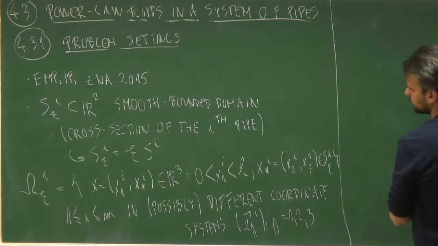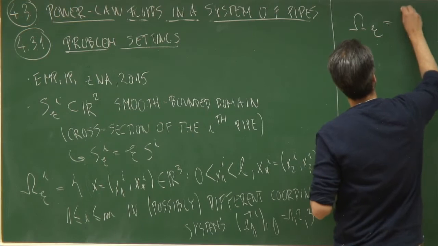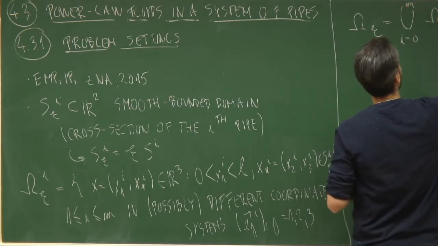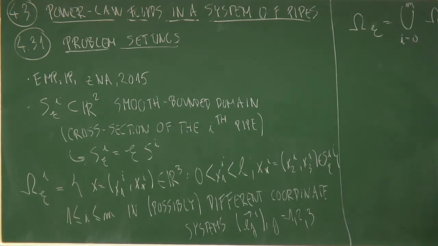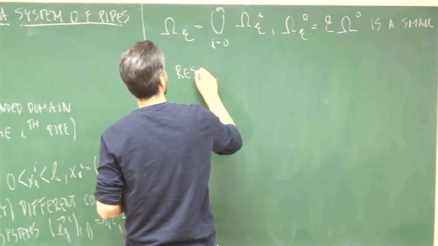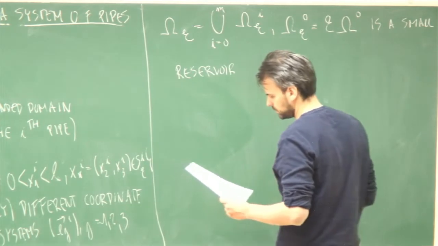Of course, the complete domain will be omega epsilon, which will be the union from 0 to m of omega epsilon i, and omega epsilon 0, which is omega 0 scaled by epsilon, will be the small reservoir, the junction. We call it the junction, but it is the same.